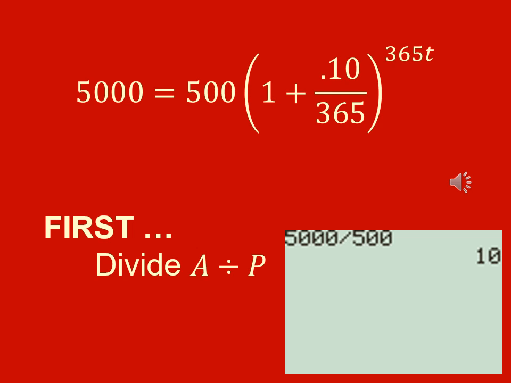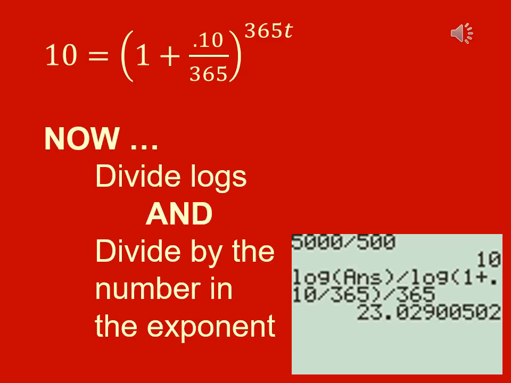You can do that on your calculator, or you could probably figure out in your head that that just ends up being 10. So start by dividing A divided by P. Well, you don't have to write it down. What you essentially have now is 10 equals those parentheses to the 365t power.